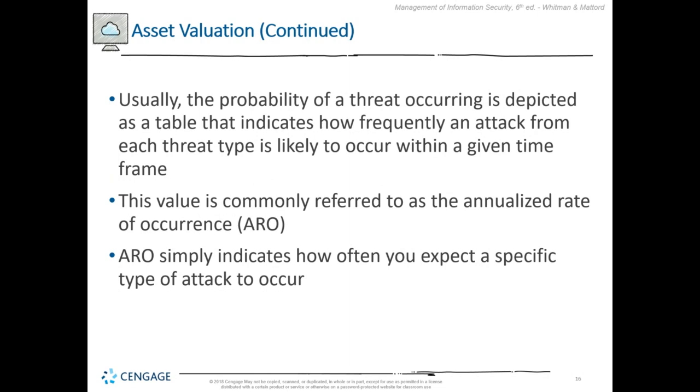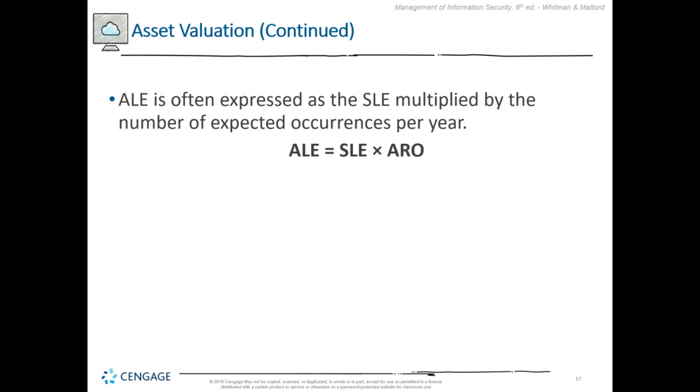Now, the ARO indicates how often you expect a single type of attack to occur. And when we calculate our ALE, it's typically going to be expressed as the SLE times the ARO. So the annual loss expectancy is equal to the single loss expectancy times the annual rate of occurrence. So how many times that single attack is going to occur a year, that's going to give you your annual loss.